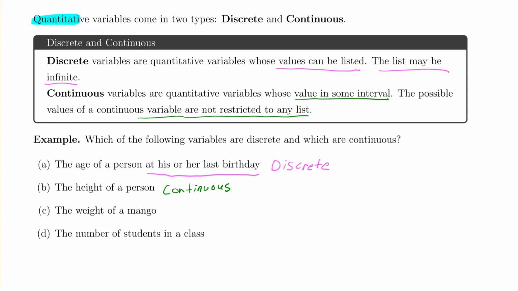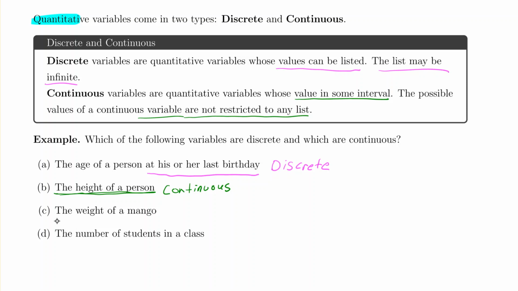One can be 5'6.0001" or 5'7". There are so many numbers within height. Let's talk about just centimeters. One can be 180 centimeters, 180.0001, 180.0002 centimeters. Therefore, we cannot list all the possible heights. That's why it's continuous.